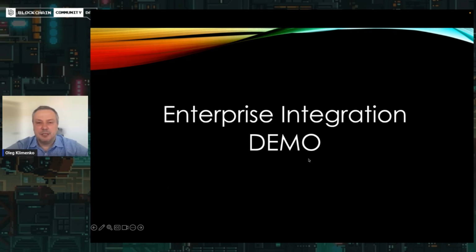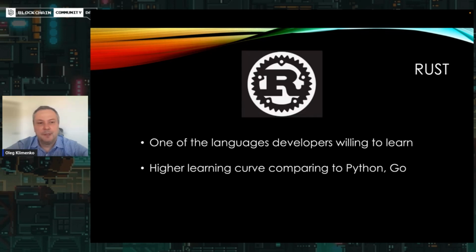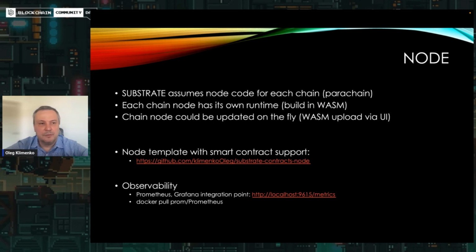Let's start to do some practical things. I've already mentioned Rust, quite an interesting language, but one warning here: it requires more effort from developers to learn because it's a kind of tricky language, but it's worth it. Let's take a look.